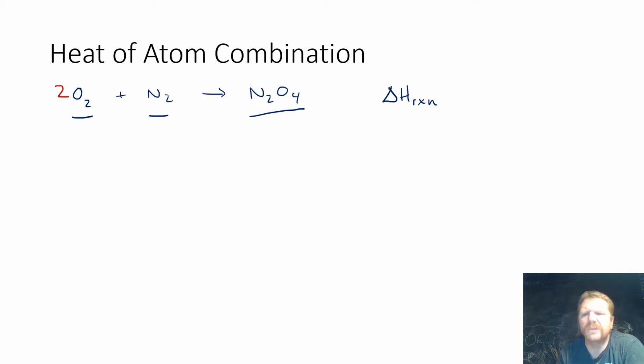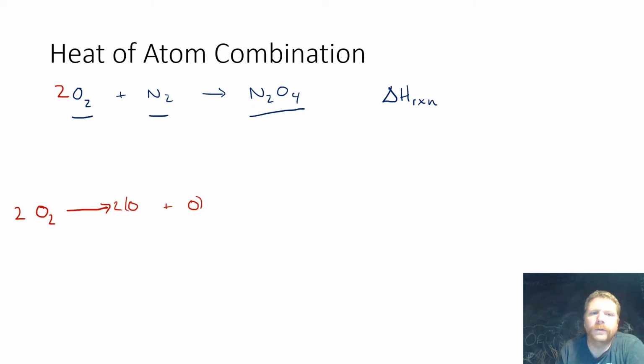Now we've got 4 oxygens. Okay, we're balanced. But what are we doing here? This is the question that is very important to ask yourself. We are taking O2, and specifically we're taking 2O2, and we're breaking it down into O plus O. But we're doing that 2 times.